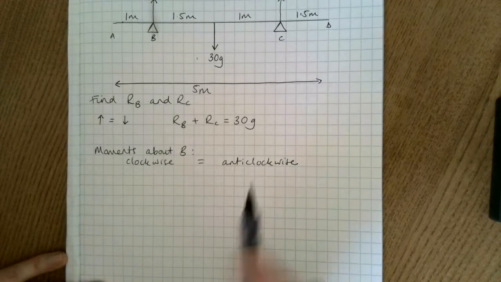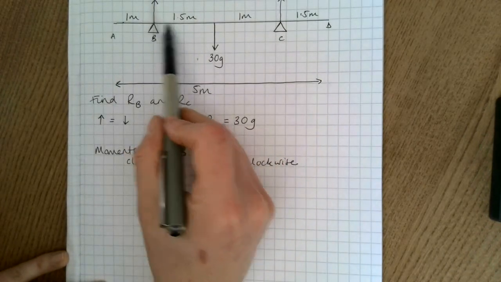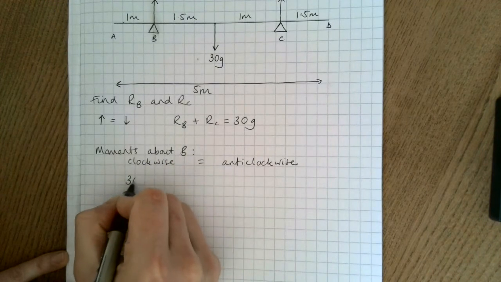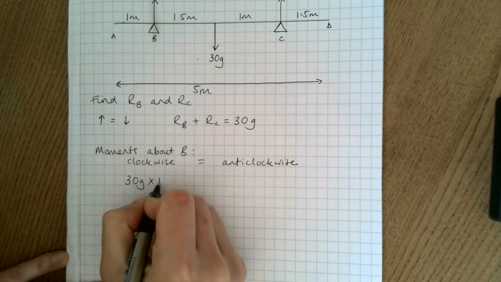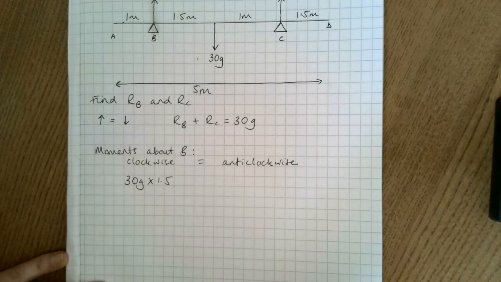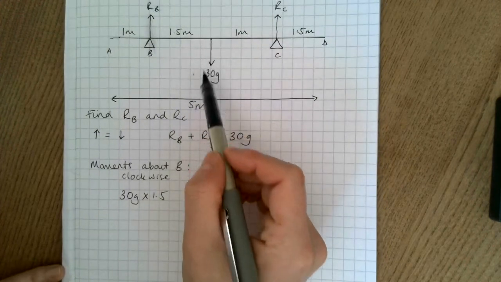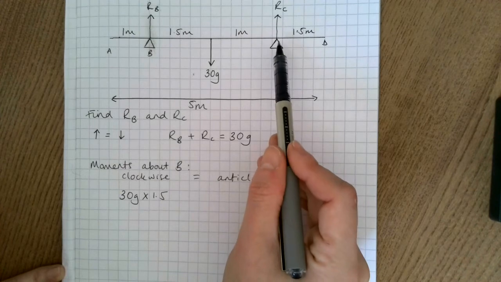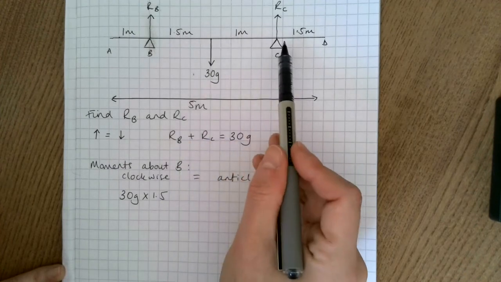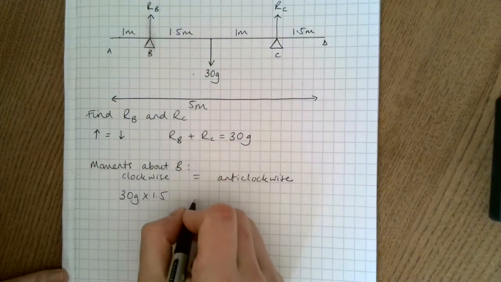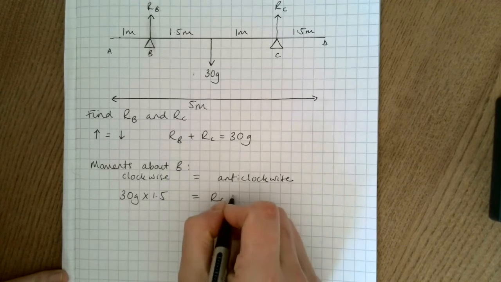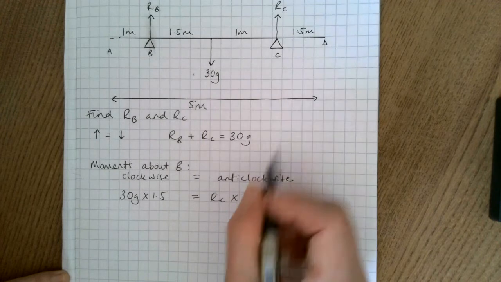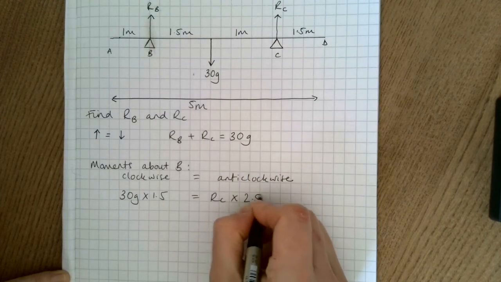So the clockwise one, this one here, the force is 30G and the distance is 1.5. That's the only clockwise force there on this plank. And the only anti-clockwise force is this RC, so it's equal to RC times the distance, which is 2.5 meters away from B.